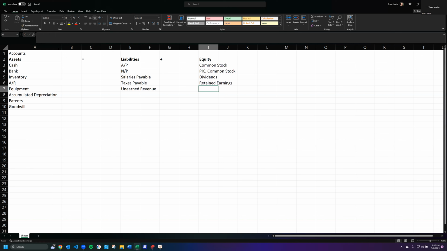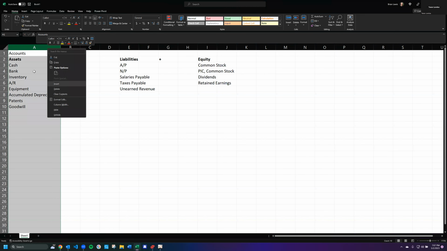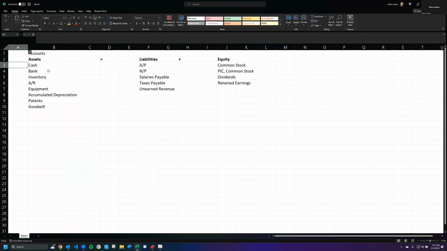Now, typically, most accountants are familiar with not only the account names, but also the numbers. So this might be 1010, this might be 1020, this one might be 1030, this might be 1040, sorry, 1040, this is maybe 1050, this might be 1051, 1060, and I'll explain why the one, 1070.